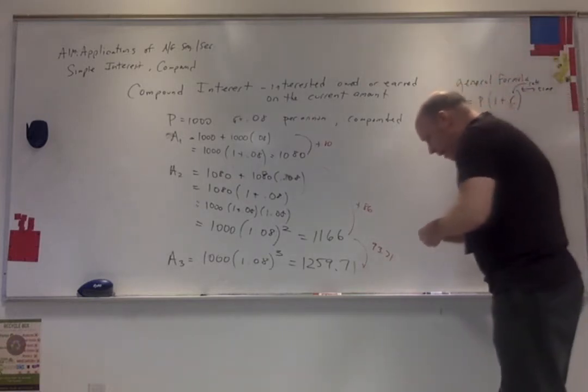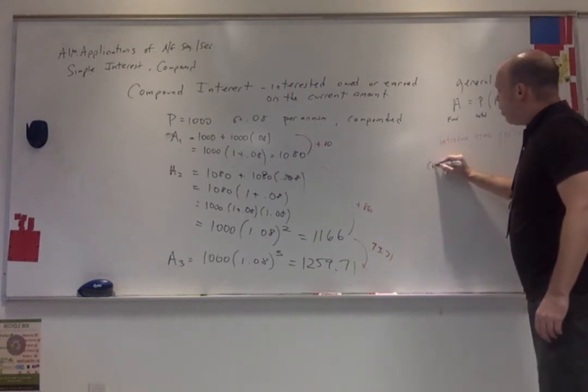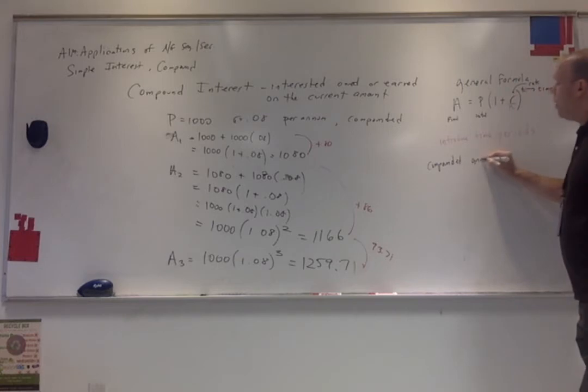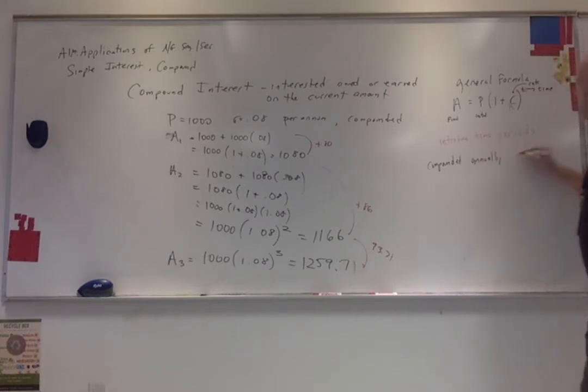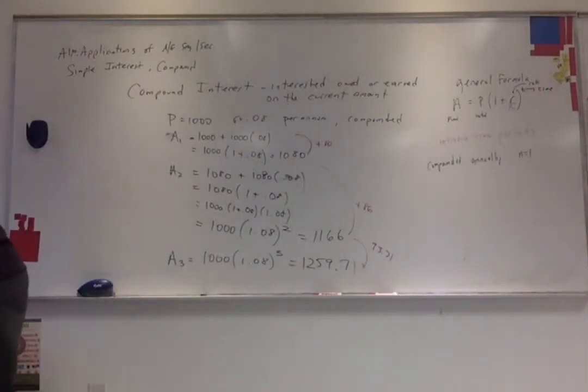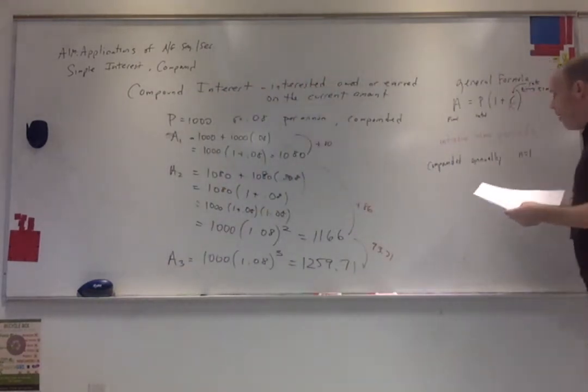Sometimes your money is compounded annually. So that's n equals 1, or 1 time a year, but we can also do other types of compounding. Other types of compounding that you need to know about are quarterly and monthly.